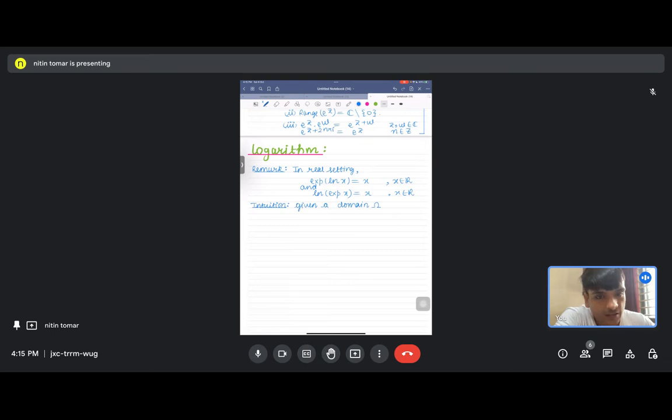So given a domain omega in C, we want to construct a function f, at least continuous on omega, such that e^f(z) should give me z.